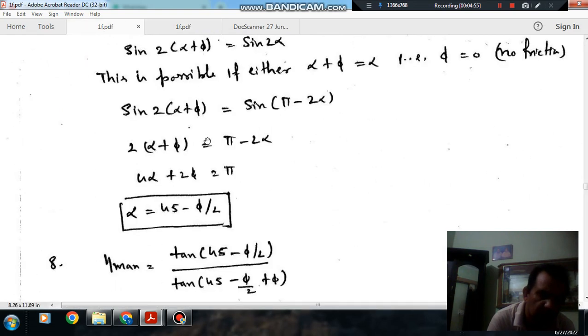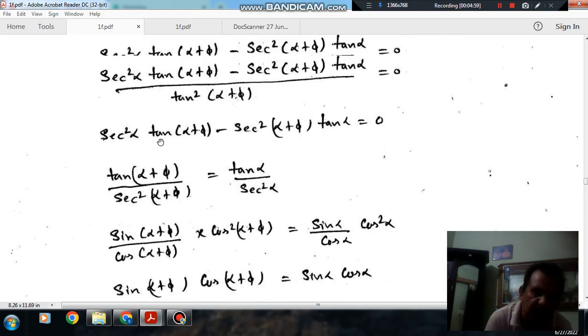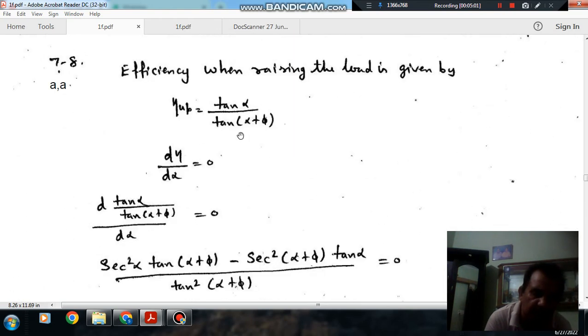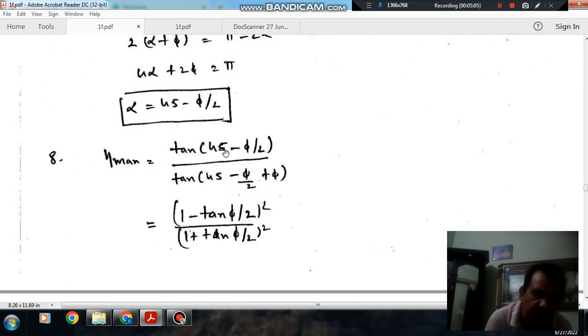Now if we put that value in the maximum efficiency, the efficiency will be tangent of 45 minus phi by 2 divided by tangent of 45 minus phi by 2 plus phi.